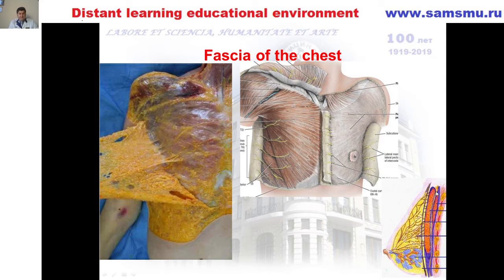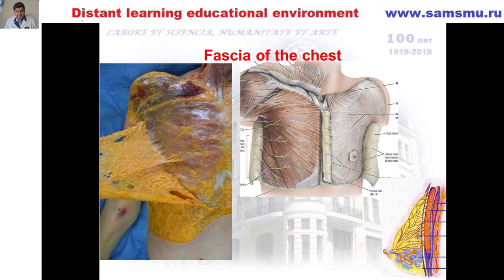You may see this part of fascia here and here on this picture. Separating and then rejoining, the deep sheet of the pectoral fascia encloses the subclavius and lesser pectoral muscle. You may see the lesser pectoral muscle, and in blue you may see this fascia.